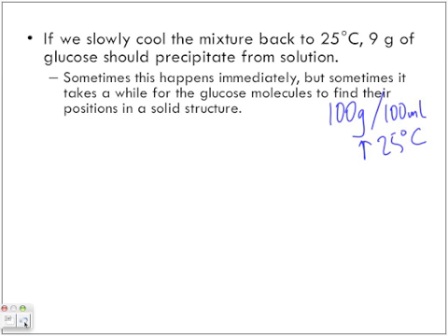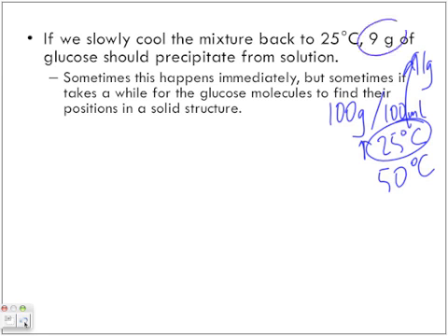But if we cool it back down, we've dissolved 100 because we raised the temperature to 50 degrees Celsius, but we've lowered it back to 25. At 25, I was only allowed to dissolve 91 grams, which means the remaining 9 grams is going to precipitate. It's going to be the last little bit of solute that was not able to dissolve in my solution.